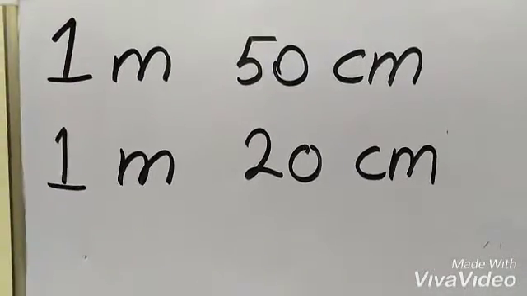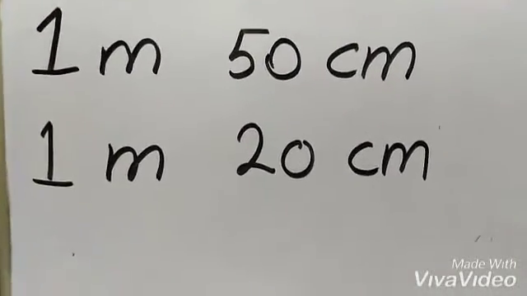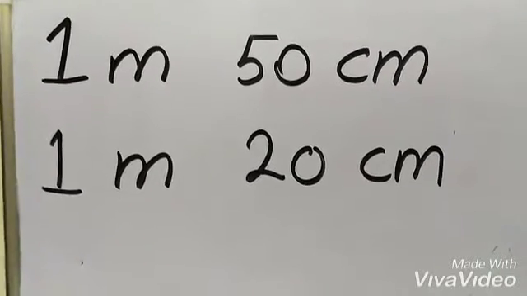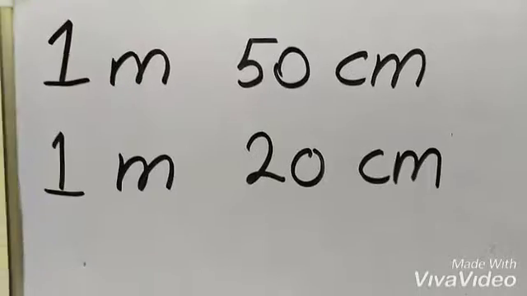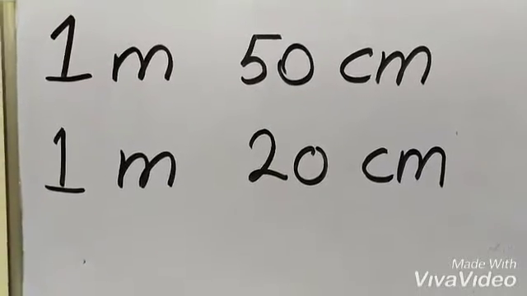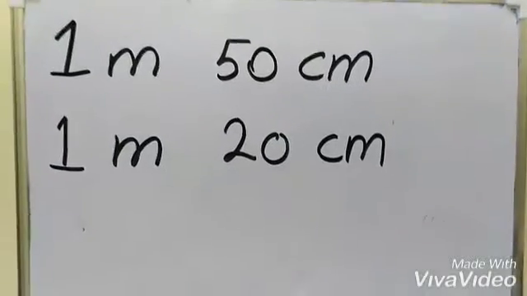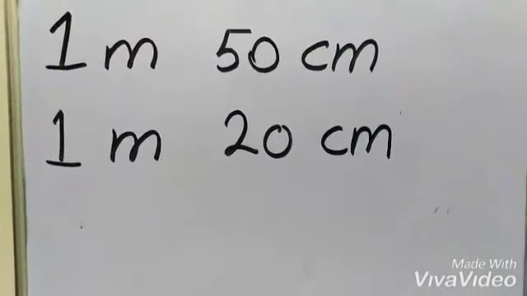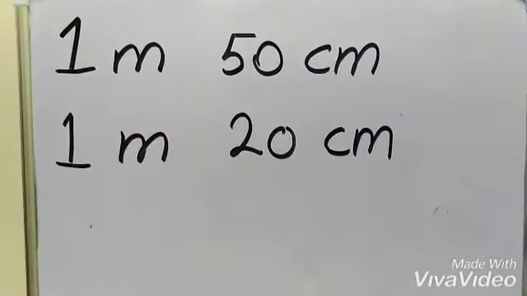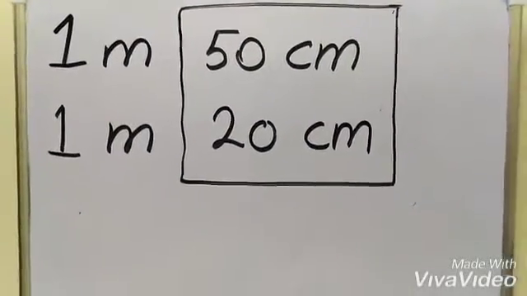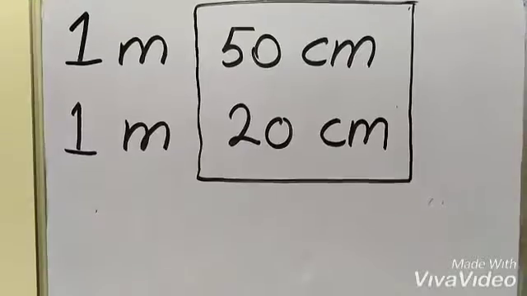In example number 1, to find out how much cloth he used all together, we have to find the total of the two cloths that he used to make the t-shirt and the shirt. So we have to add 1 meter and 50 centimeters to 1 meter and 20 centimeters. To do this, we have to do plus for the centimeters first.